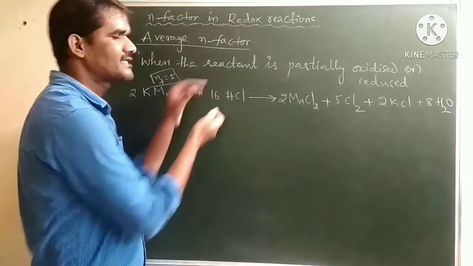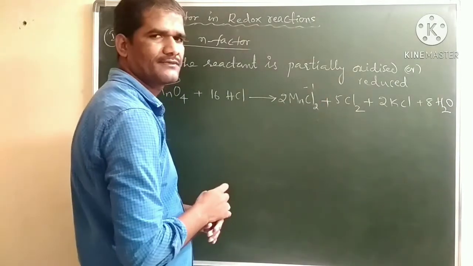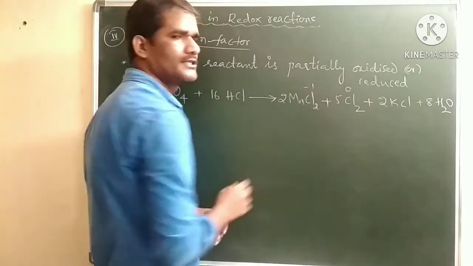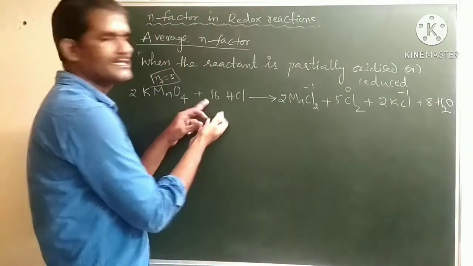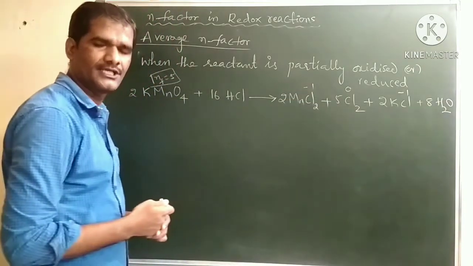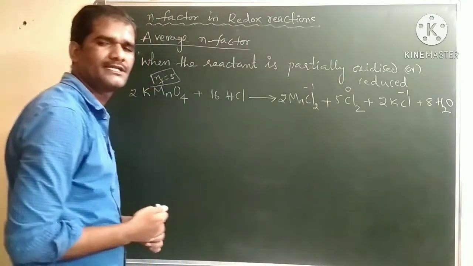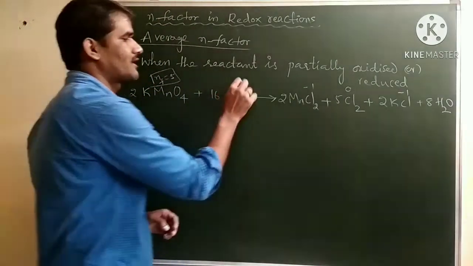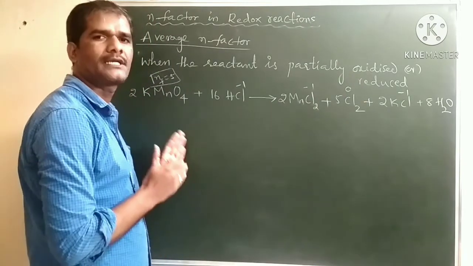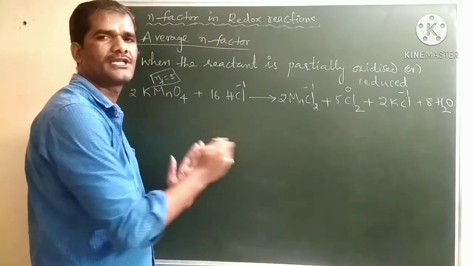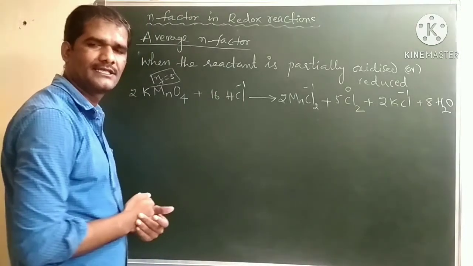Out of 16 HCl molecules, in MnCl2 chlorine's oxidation state is -1, in chlorine it is 0, and in KCl it is -1. So out of 16 HCl's, 10 chlorines are changing their oxidation state, and the remaining 6 are not. Again -1 to 0 is an increase in oxidation state. Out of 16, only 10 are changing, so again it is partially undergoing oxidation. Then what is the N factor of HCl here?